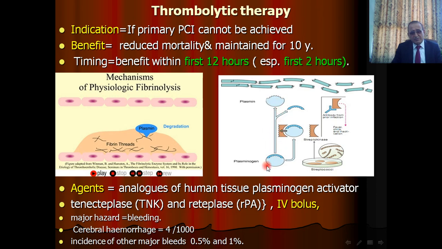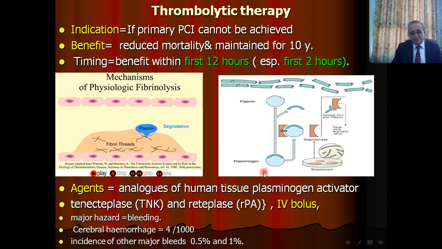It's activated by the plasminogen activator, which converts plasminogen to plasmin. This plasmin will dissolve the fibrin. So if you bring an artificial plasminogen activator from Streptococcus, intravenous bolus, you can destroy the fibrin and open up the circulation. But again, this is a thrombolytic therapy or fibrinolytic.